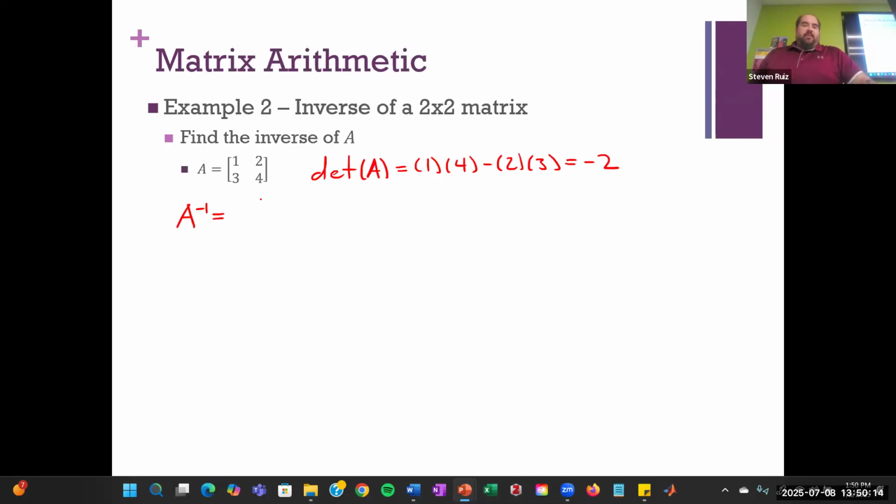So our inverse is going to be 1 over the determinant of A times a modified version of A. How do we modify A to finish this up?